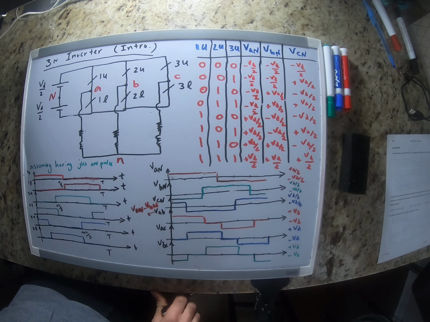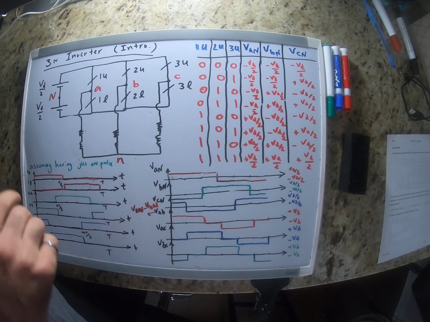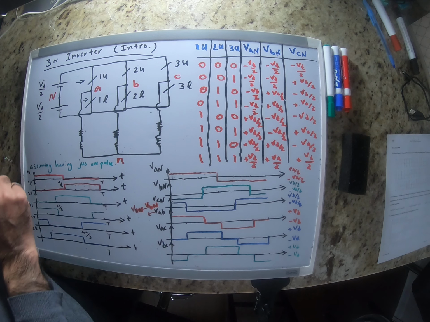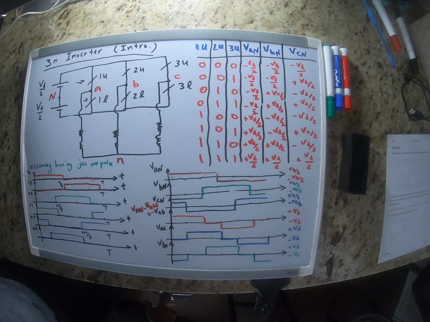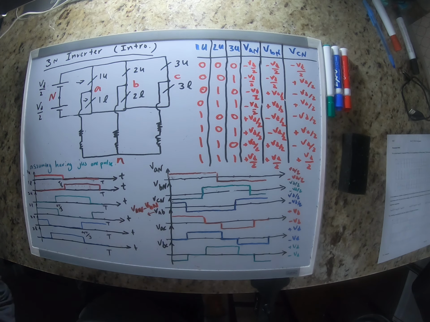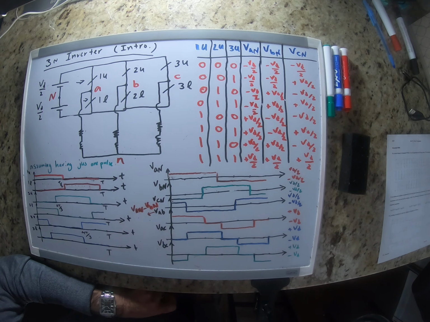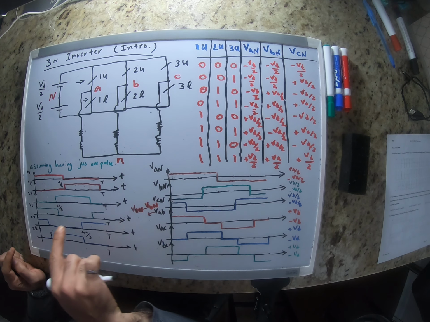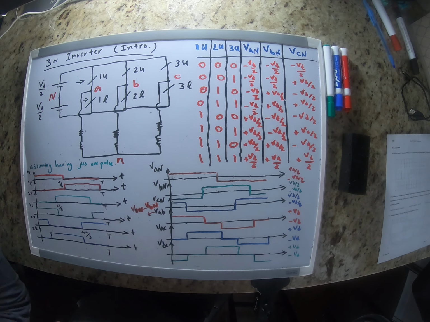Now we're going to see how we fire these switches, how we trigger them, how we control them. Similar to what I did for the one phase inverter, first I do the analysis and draw the waveforms, assuming that we only have one pulse per cycle, so the frequency of the switching is 1.